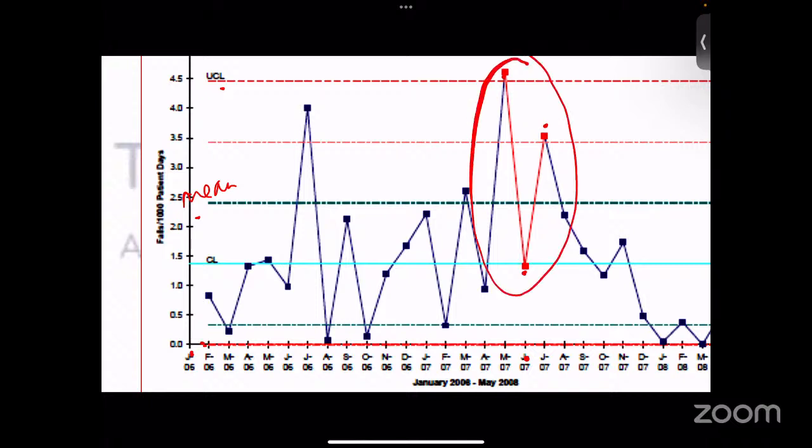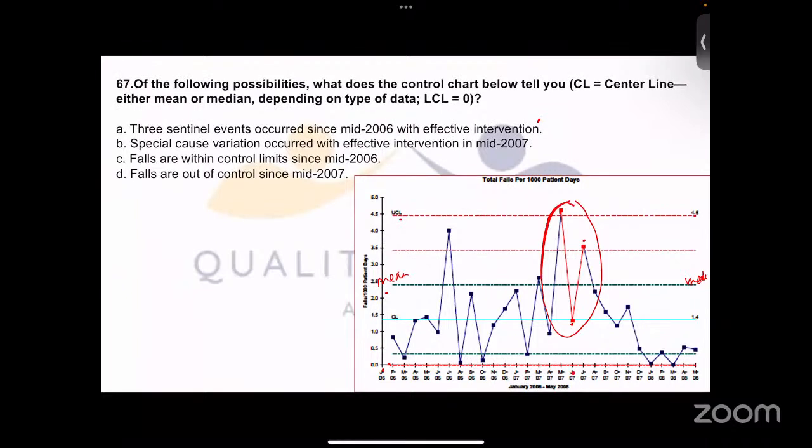Okay, everything is talking about this figure. So option one is incorrect because only 2 consecutive points were out of control. So this is incorrect. What about letter C?